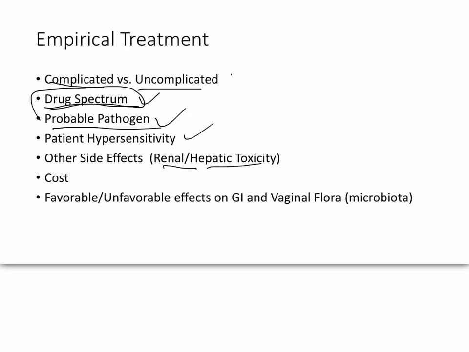And so when you're practicing, you want to consider what's the local cost. Look at your cities, look at your Walmart's $4 list, look at the local prices. Then the last thing, which probably isn't considered very often, just based on experience, is whether or not you have favorable or unfavorable effects on the gastrointestinal and vaginal microbiota.